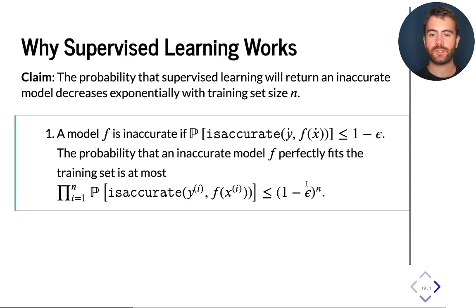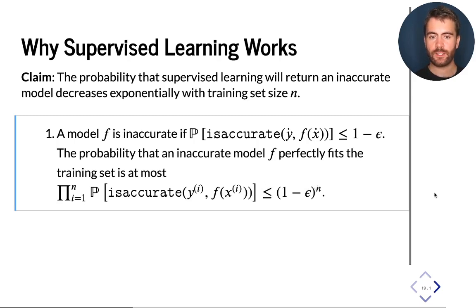So you can see that this is a number that will decrease at an exponential rate to 0 as we increase n. And therefore, the probability that any particular inaccurate model fits the data perfectly vanishes to 0 at a very quick rate.